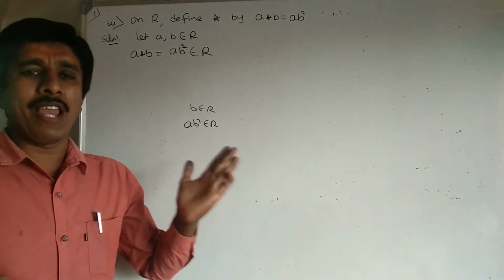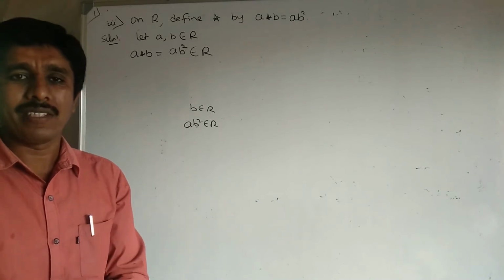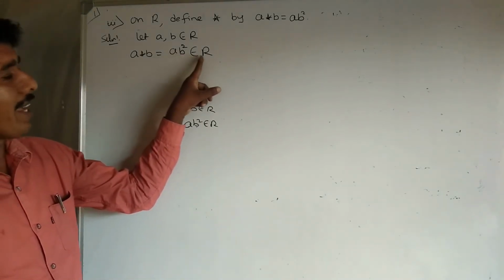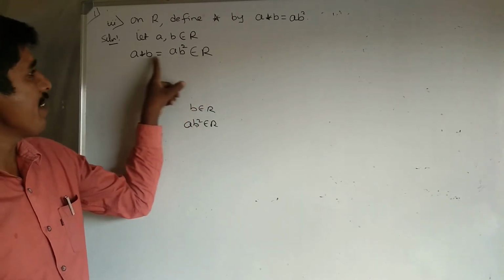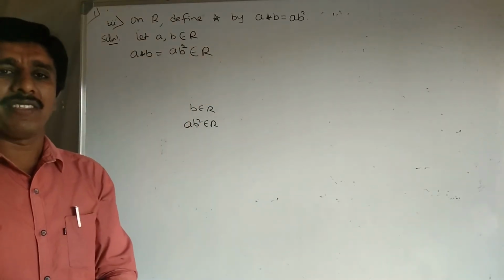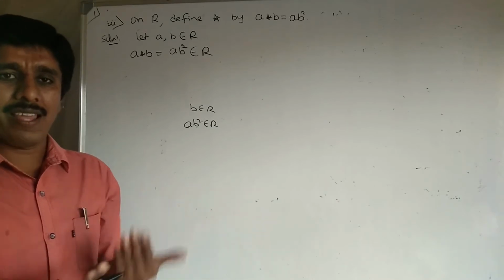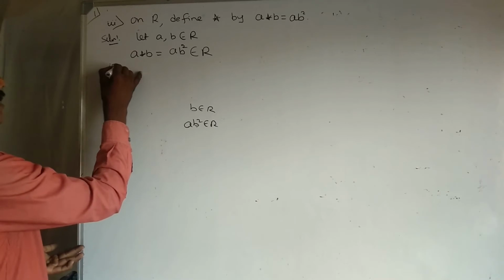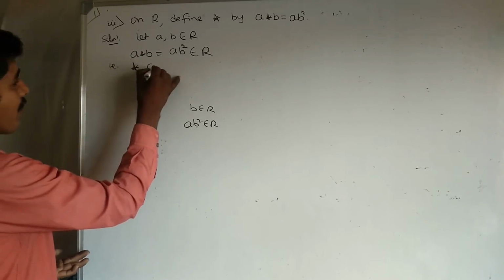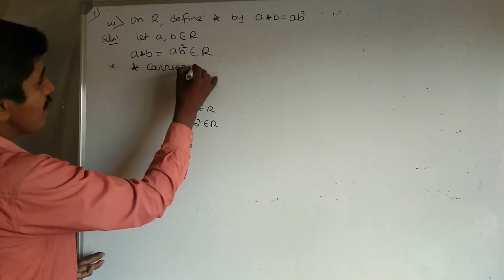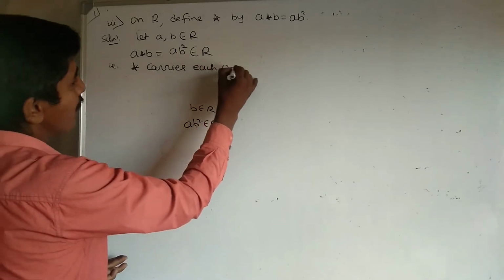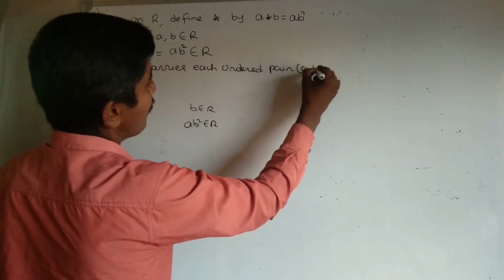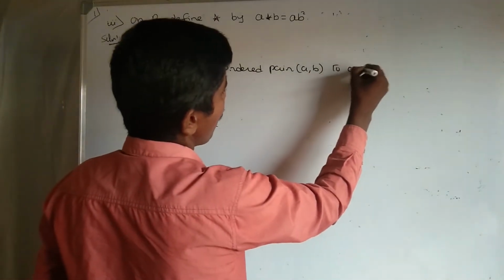You take any two elements in the set of real numbers, and the product a into b square is again a real number. This means star is a binary operation on the set of real numbers. Finally, write the statement of binary operation. Star carries each ordered pair a, b to a unique element.